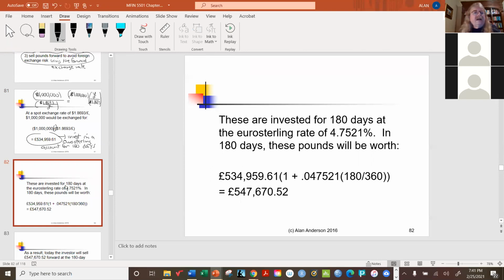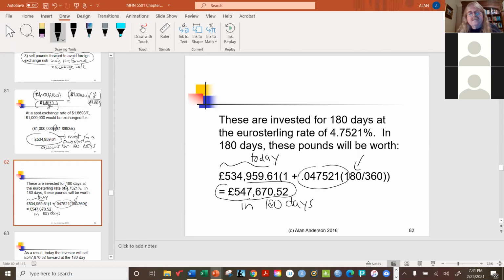So the amount that you have today is invested for 180 days at this rate. That's the euro sterling rate, which is quite a bit higher than the euro dollar rate. So you know for a fact that in 180 days, you'll have this many pounds in your account.